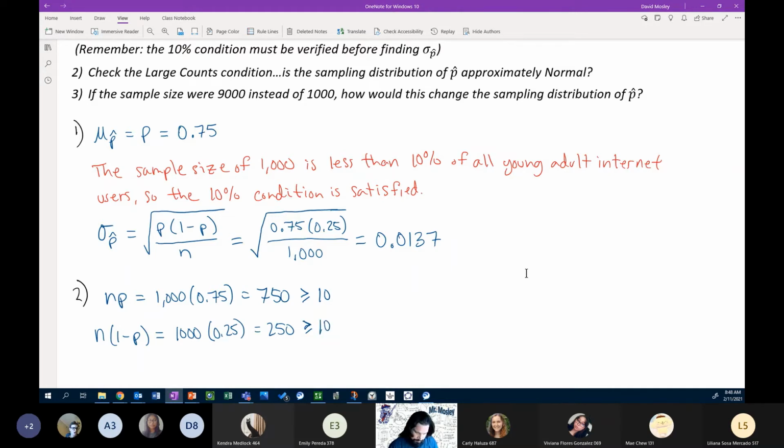which is also greater than or equal to 10. This is what we wanted. That's good news. So the large counts condition is met.